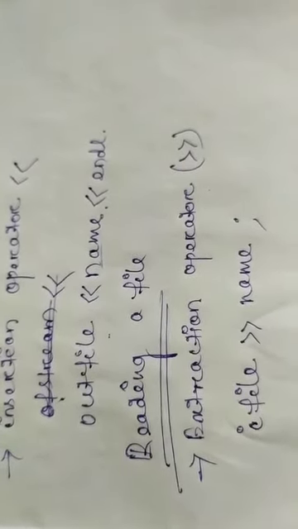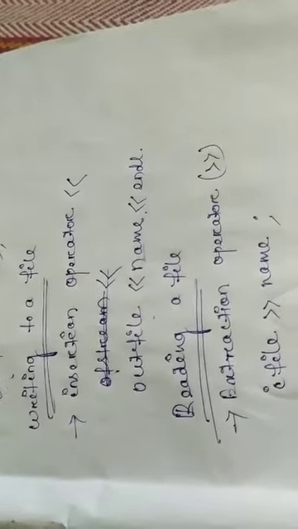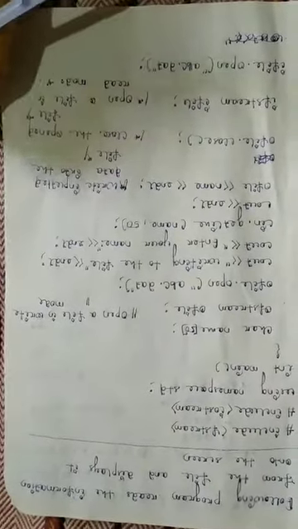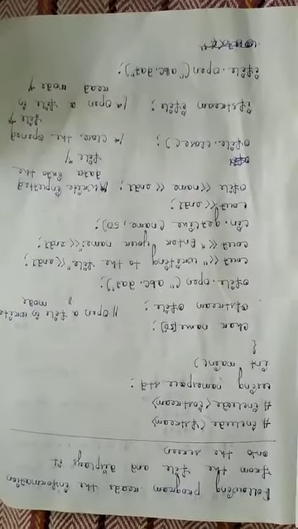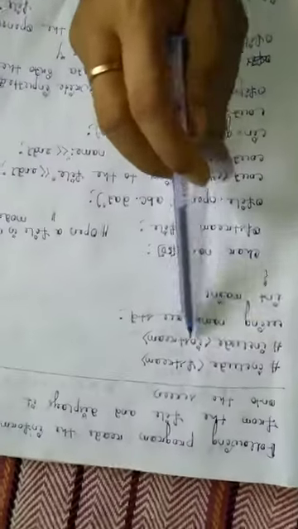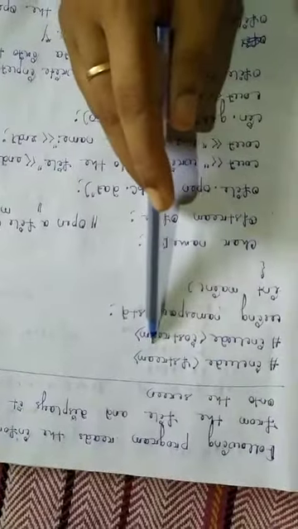So let's discuss all these operations in a program. It is the program where you can use all these operations. This program reads the information from the file and displays it onto the screen. Here we are including the fstream class.